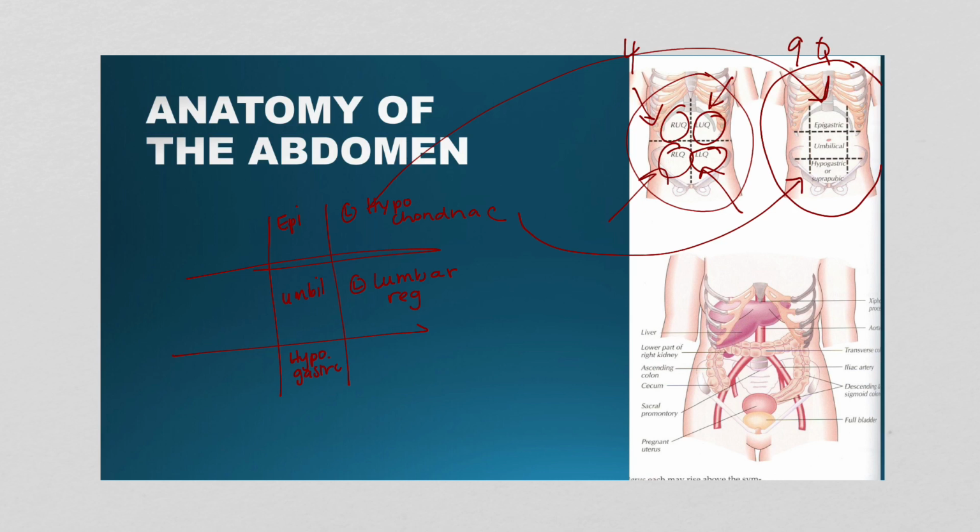It's at the lumbar level. On the left lower is going to be the left iliac region. Why is that? It's sitting right at the ilium. Okay, and then we just have the same thing on the right side. So right hypochondriac, right lumbar region, and then we have the right iliac region.